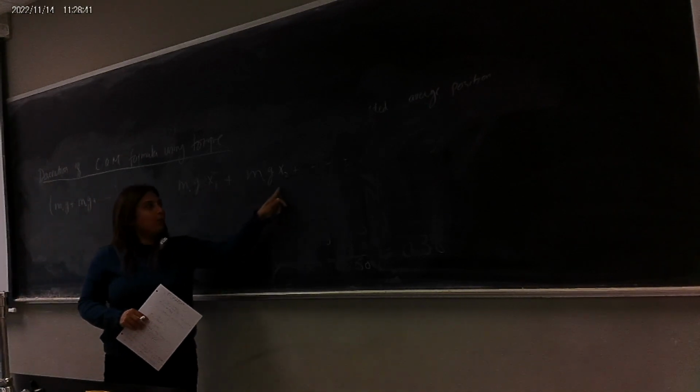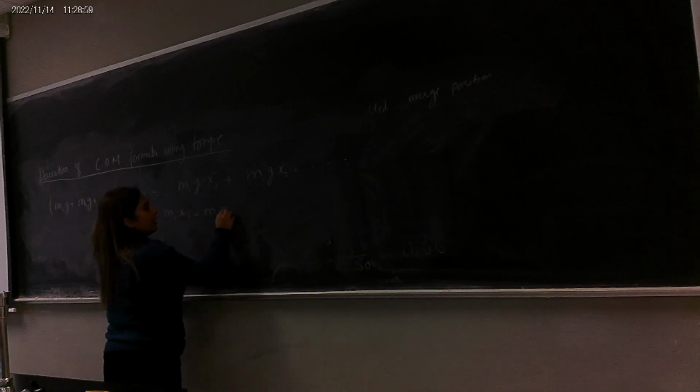Why? Because torque involves the forces. The force related to each mass component is the weight force. So basically you are looking at the weight of each individual particle, which is M1G, M2G, and so on.